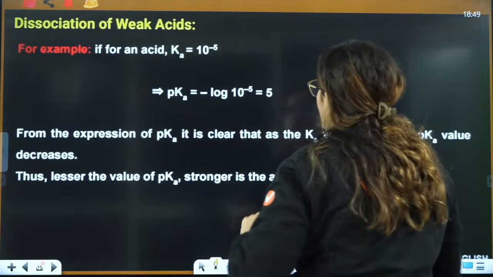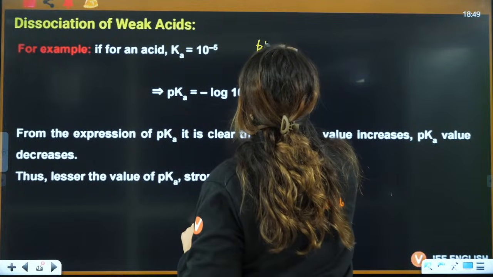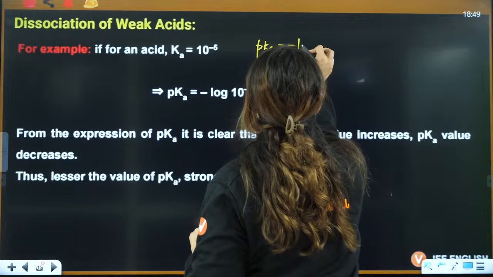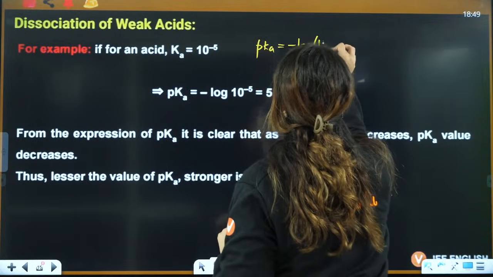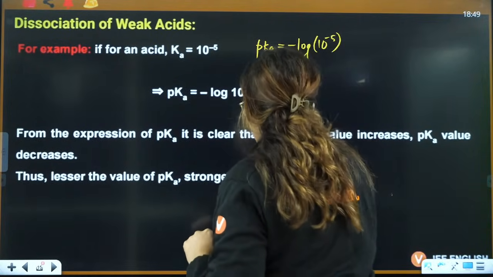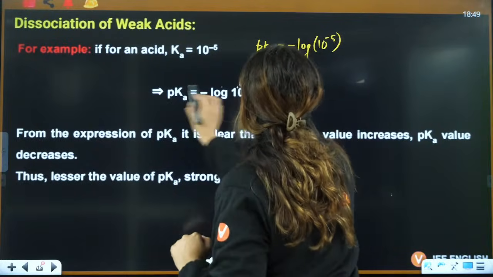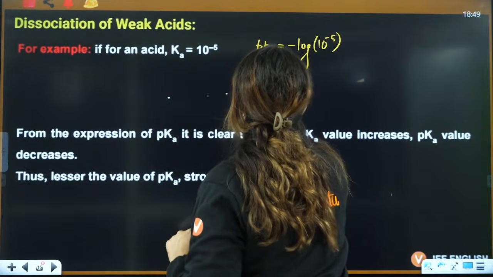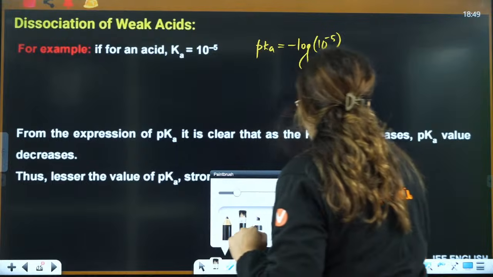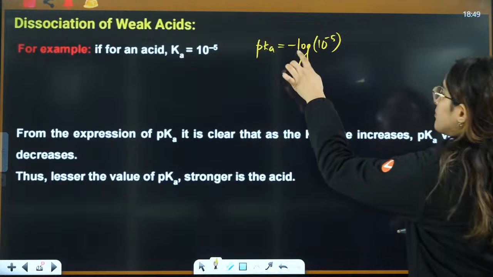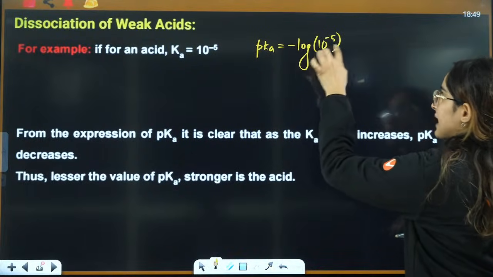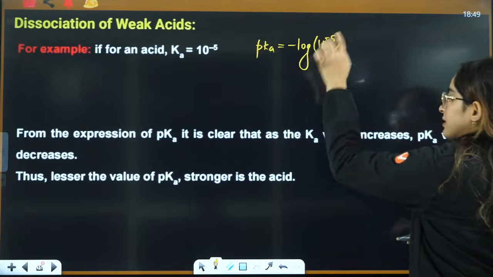Now see this thing, for example, if for an acid Ka is equal to 10 raised to power minus 5, so pKa will become equal to minus log of 10 raised to power minus 5. Whenever you have minus of log base 10 of something, the power comes in the front.